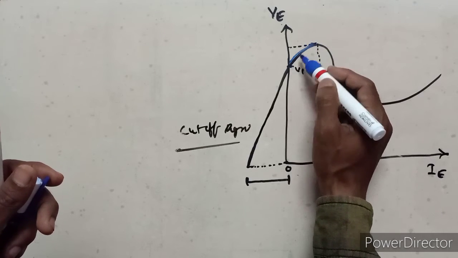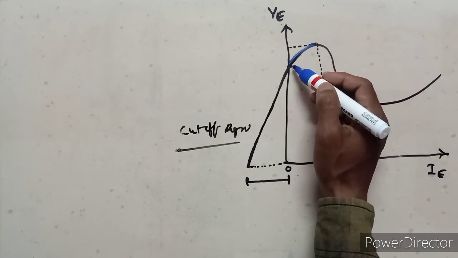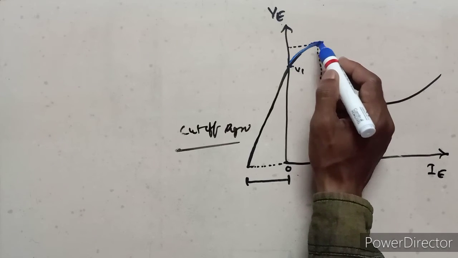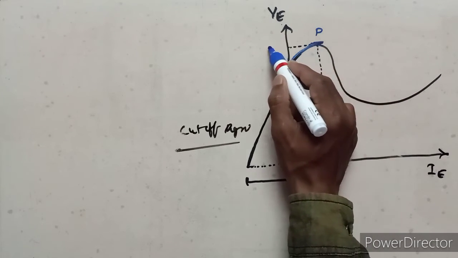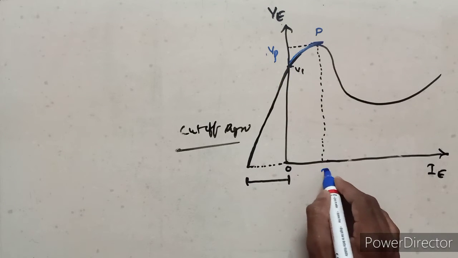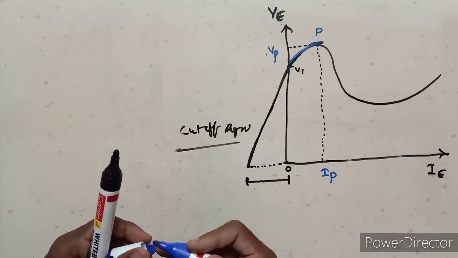What is the difference? It increases and flows up to the peak value. This is the peak value, this is the P, VP means peak voltage, and this is the peak current.